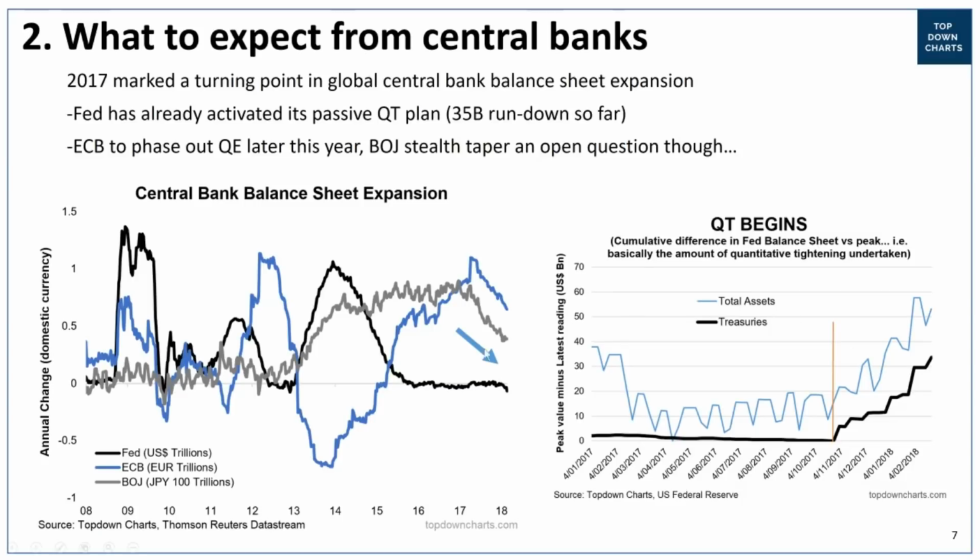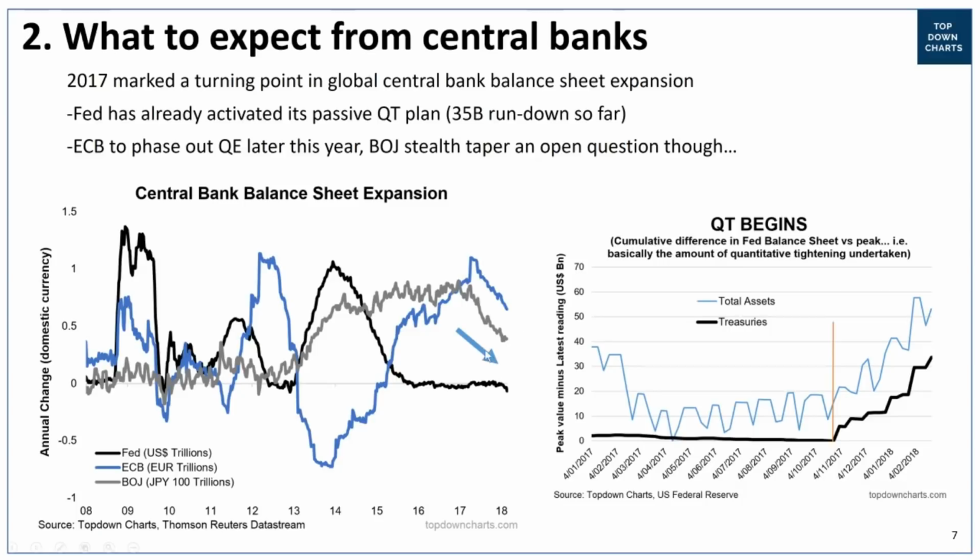But to give a little context on the chart on the left, there's not much to add on the ECB, aside from the fact that most people would be aware that the ECB is going to be winding down its QE program. My guess is they're probably going to stop by or at September, and unless market and economic conditions change materially from now, that's probably just going to go as planned.